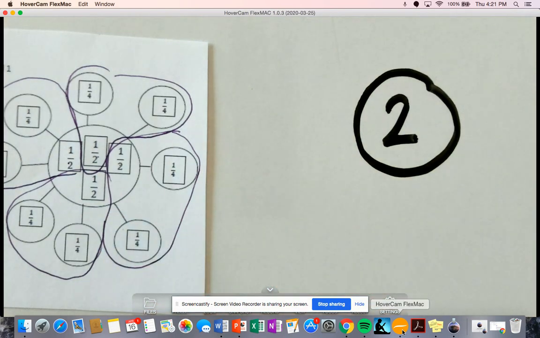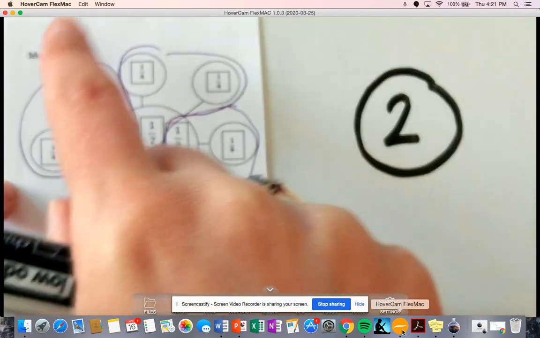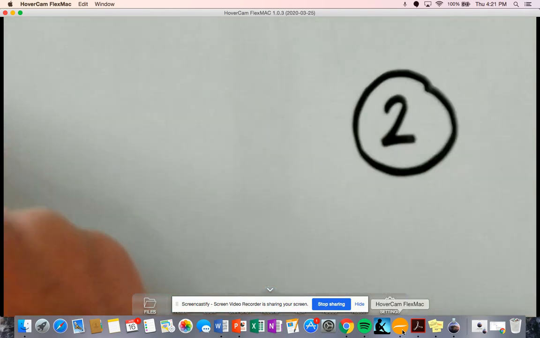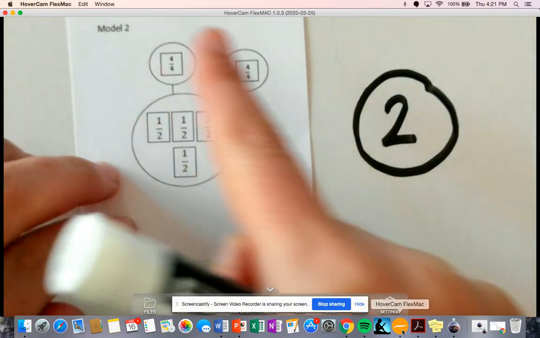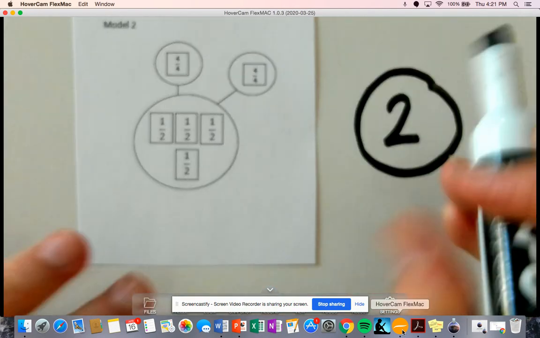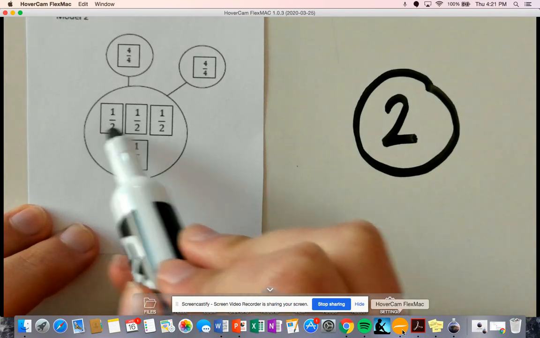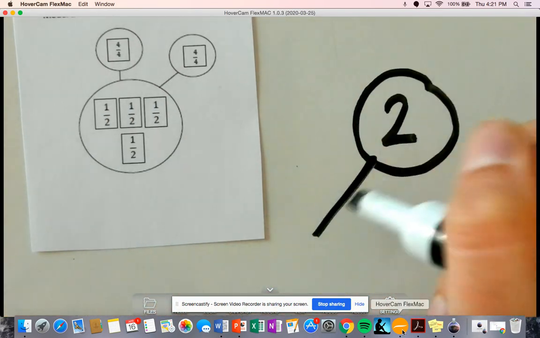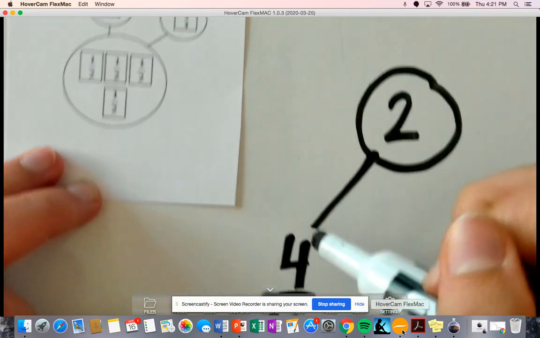Okay, so there's 2 ways I can represent this. The first is this way, where I just add all the fourths, so I have 8/4. The second way, which saves you some time, is I add 4/4 and 4/4, because if I have 2 wholes or 4 halves, for each whole I can add 4/4, because 4/4 equals 1 whole.